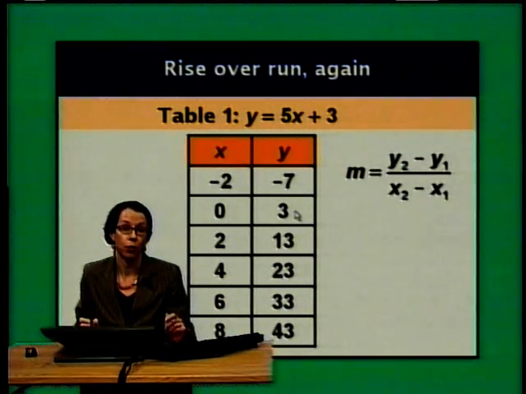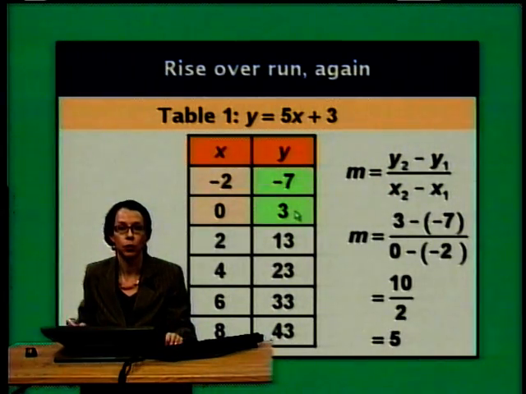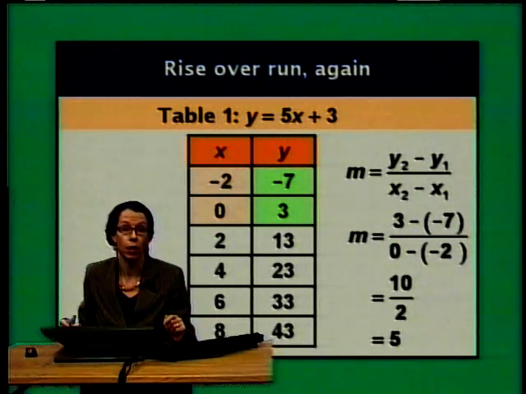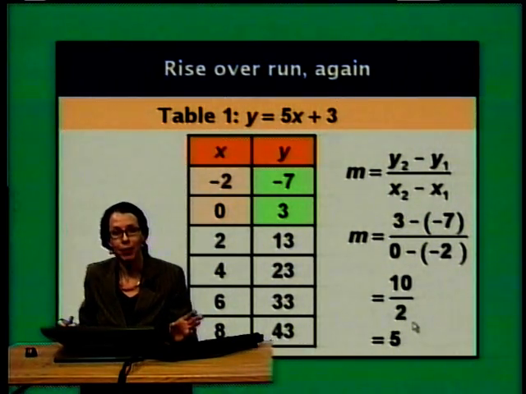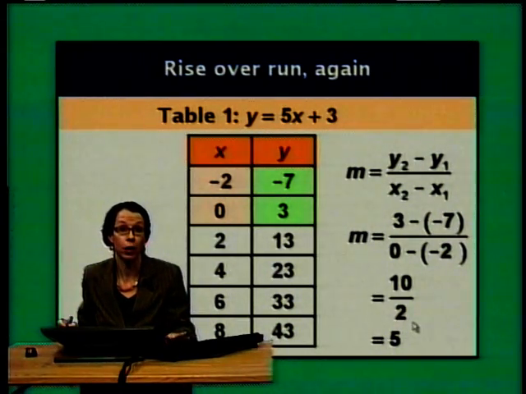I'm just going to use the formula we have for calculating slope. And if I choose the first 2 points in my table and calculate the slope, I end up with that rise of 10 over the run of 2, for a slope of 5. And I'm going to get the same rise over run regardless of which pair of points I look at.